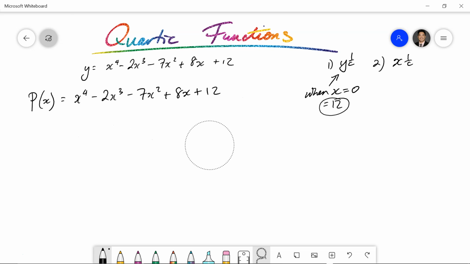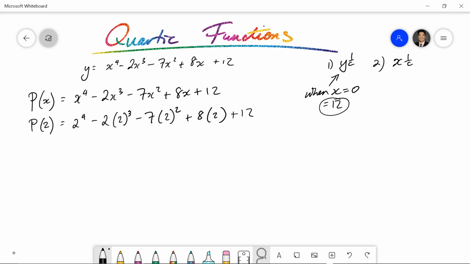Let's go up the scale with p of 2. Okay, so 2 to the power 4 minus 2 times 2 to the power 3 minus 7 times 2 to the power 2 plus 8 times 2 plus 12, and we've got 16 minus 16. Okay, so we can already say that they cancel out.